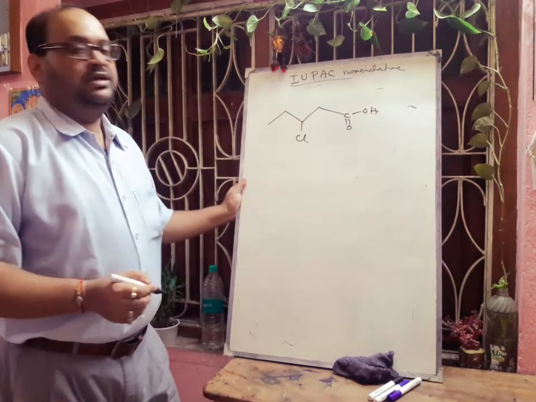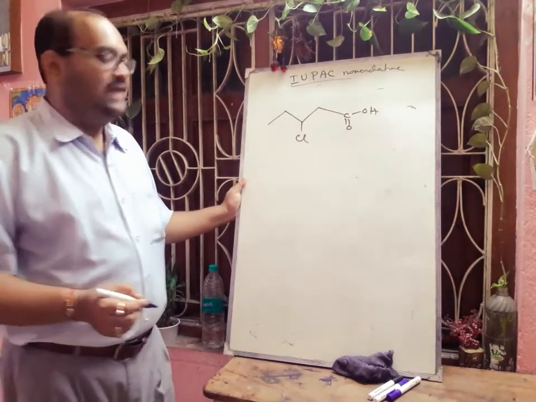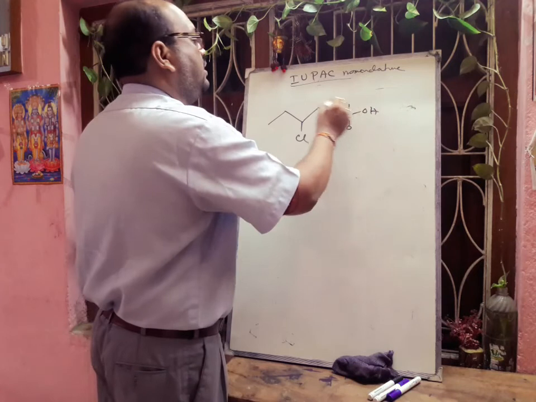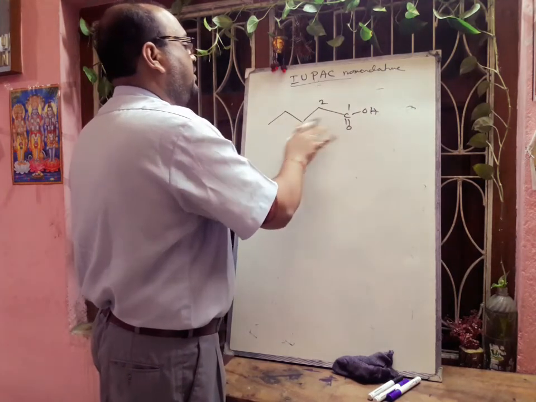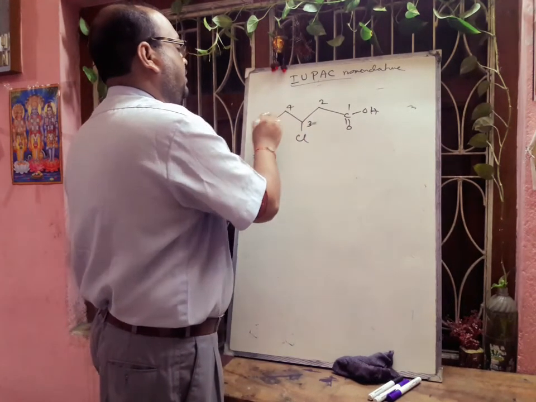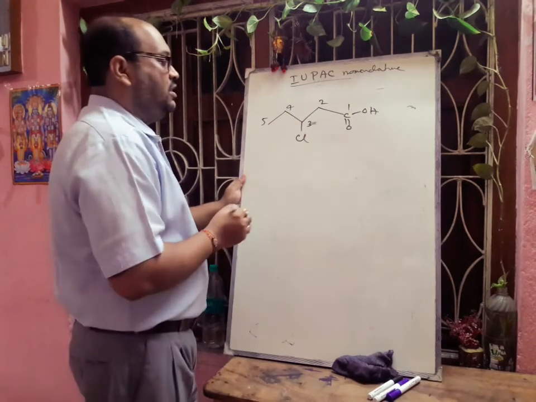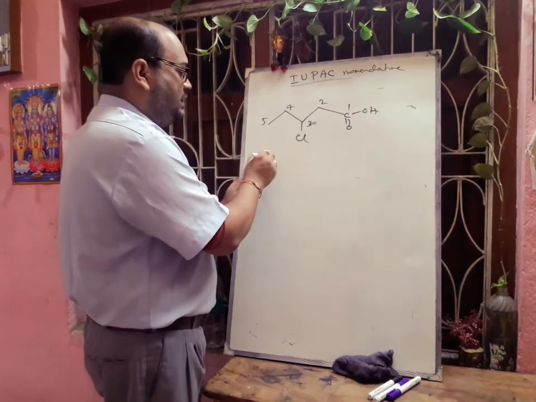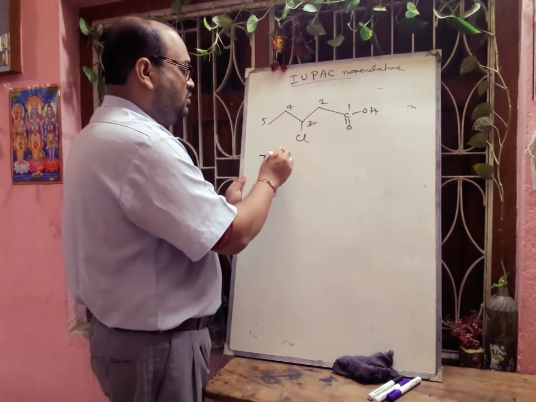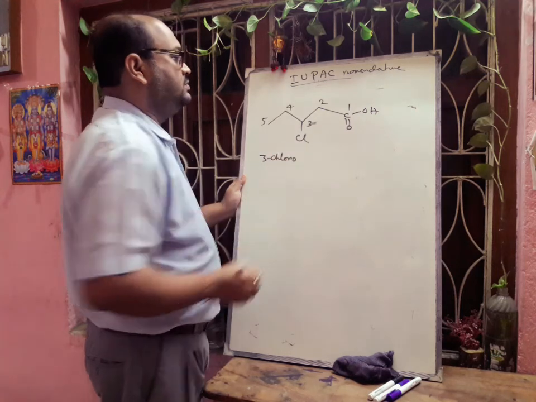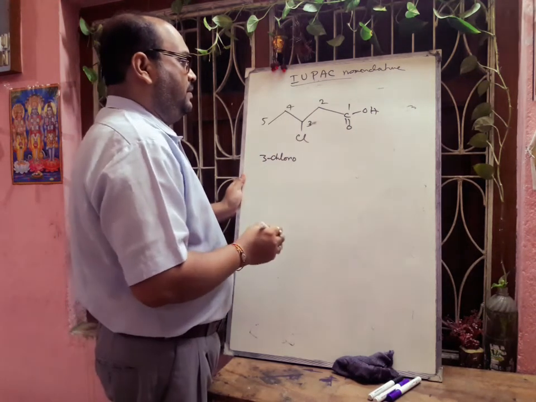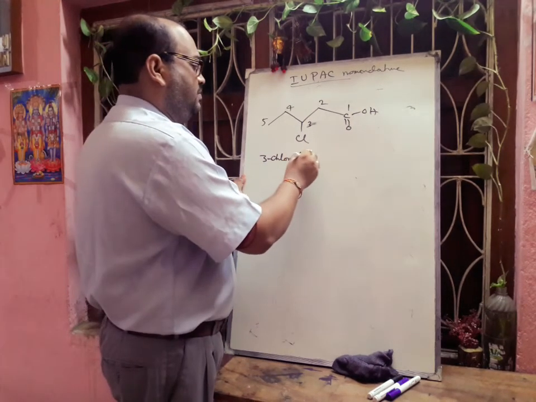Now if we want to write the name of this compound, numbering 1, 2, 3, 4, 5, the name we have to write is 3-chloropentanoic acid.